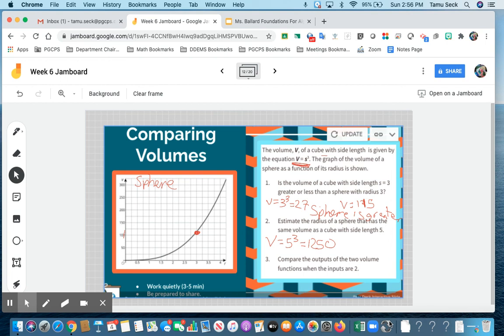So we're looking for a volume of 125. What is the radius? So let's go to 125. 125 is here. So let's find the radius. The radius here is about 3.25.